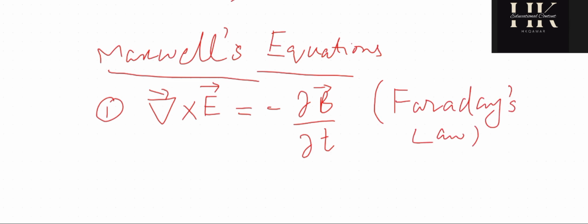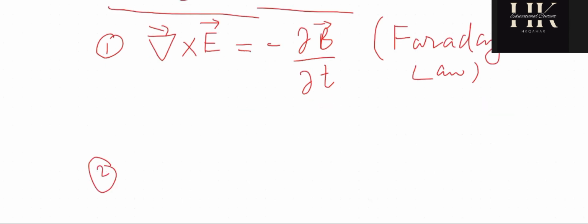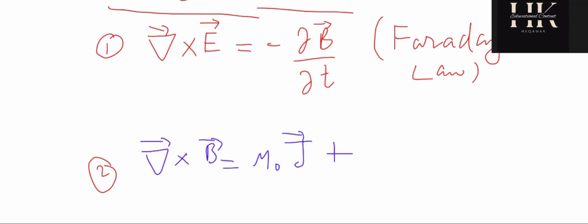The second equation that we are going to use to derive the Poynting theorem is another Maxwell's equation, which is del cross B equals mu naught J plus mu naught epsilon naught ∂E/∂t.